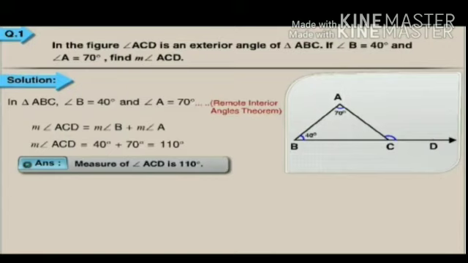Now by the remote interior angle theorem, the measure of angle ACD is equal to the measure of angle B plus the measure of angle A. Now after substituting the values, we get the measure of angle ACD is equal to 40 degree plus 70 degree, which is equal to 110 degree. Therefore the answer is: the measure of angle ACD is 110 degree. So here, students, we have done two problems based on the two properties of a triangle. Thank you.